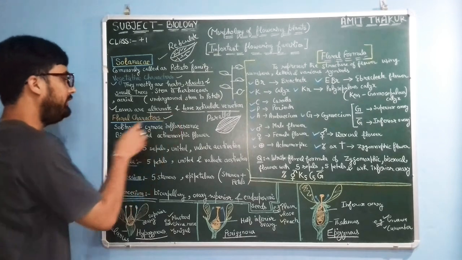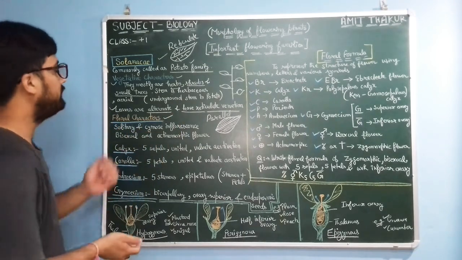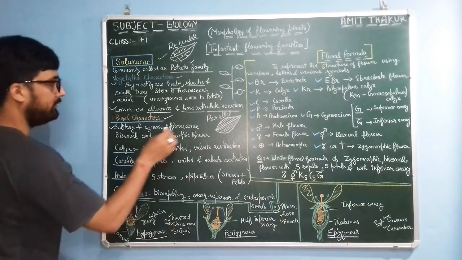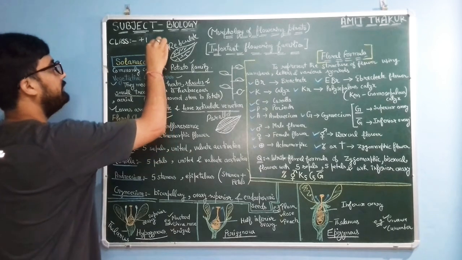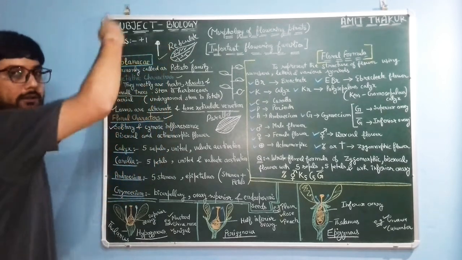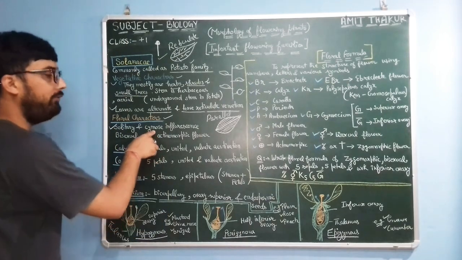Then the floral characters, that means characters of the flower of this family. They are solitary. Solitary means you can see over here, only one flower at the apex. Solitary and cymose type of inflorescence.